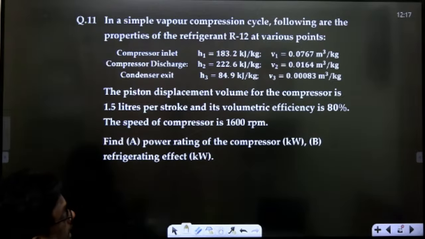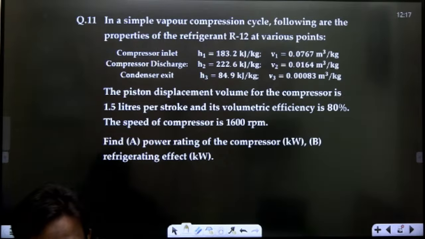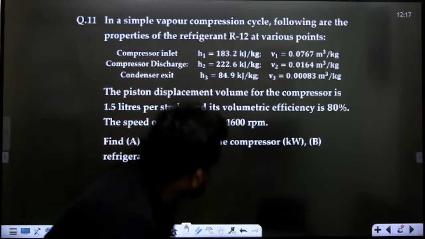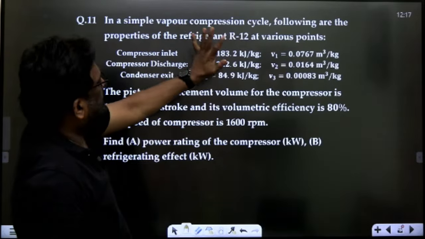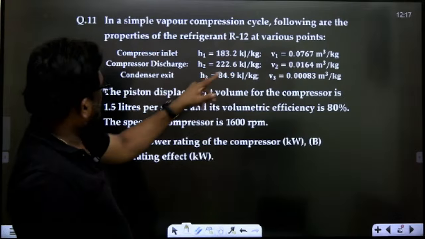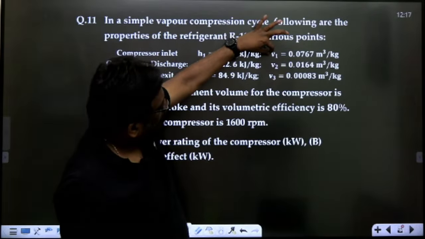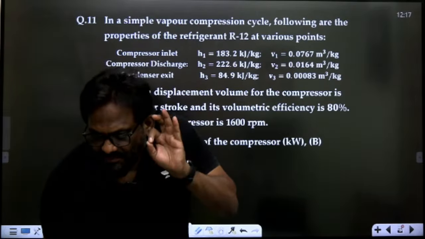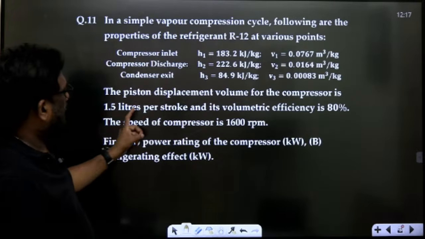You can see, right? Okay, I will do this, it's a good question. You need to give me some inputs a little. All good, excellent. Now see, in a simple vapor compression cycle, the following properties of refrigerant are obtained: compressor inlet 1, compressor discharge 2, condenser exit 3, meaning our points only. Please note these are small v1, small v2, small v3, meter cube per kg. All these are specific volumes. The piston displacement volume is 1.5 liter per stroke.